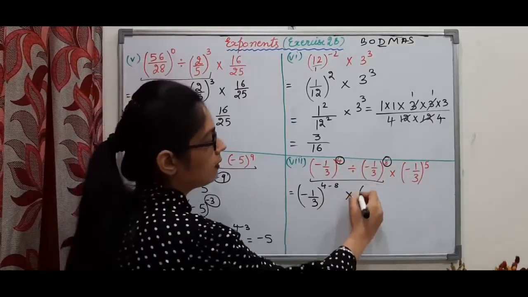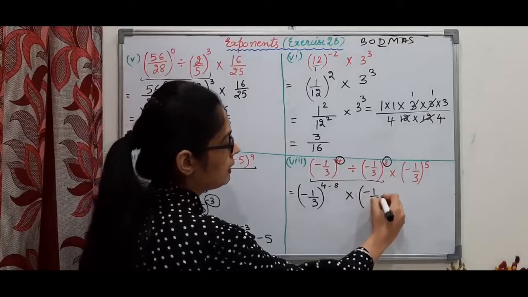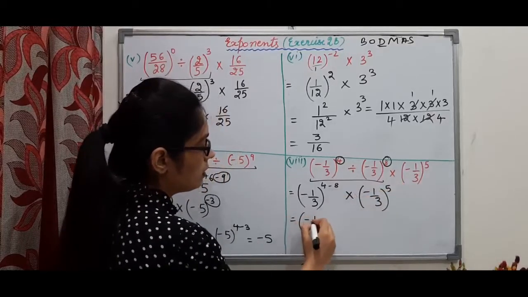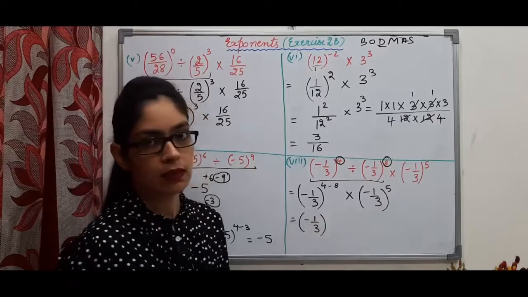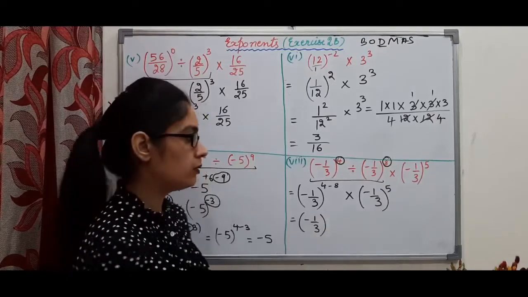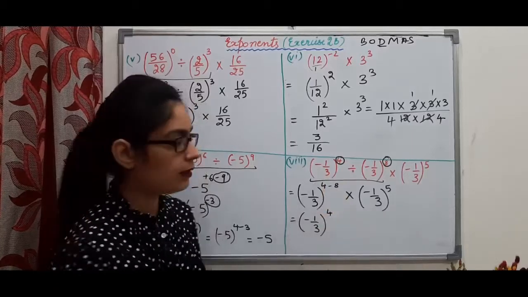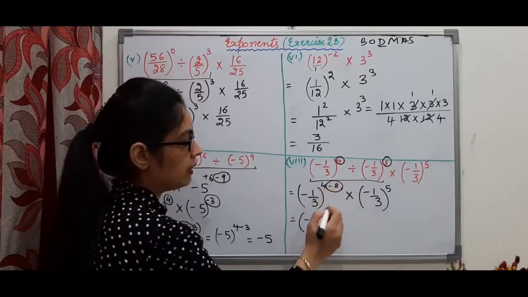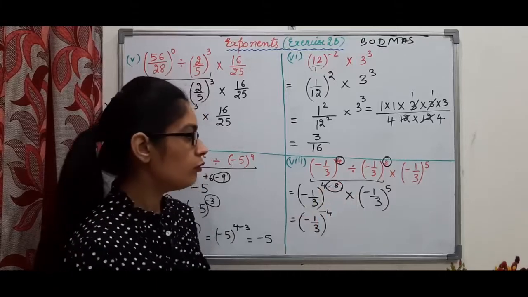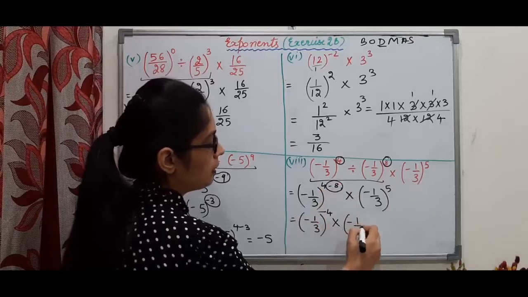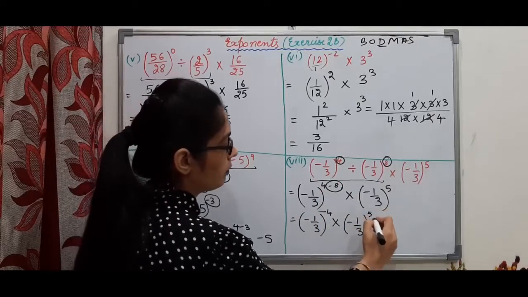Now multiply this as it is, we can write 1 by 3 to the power 5. 4 minus 8: 8 minus 4 is 4, with the sign of the greater number. The greater number is 8, minus sign is there. So 4 minus 8 is minus 4, into minus 1 by 3 whole power 5.